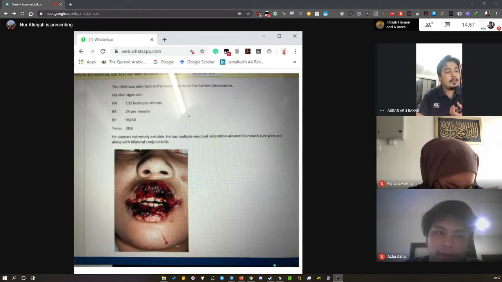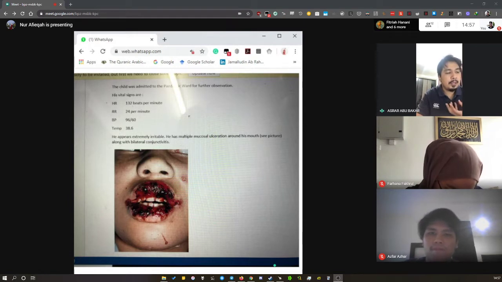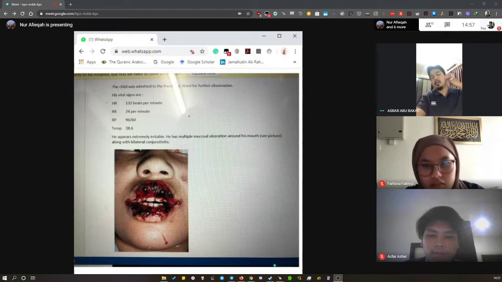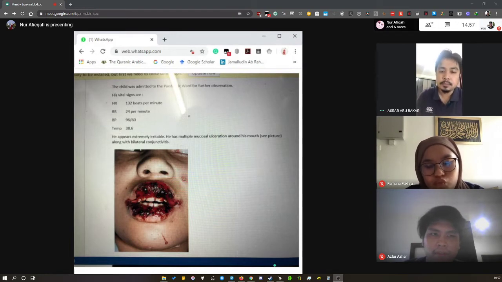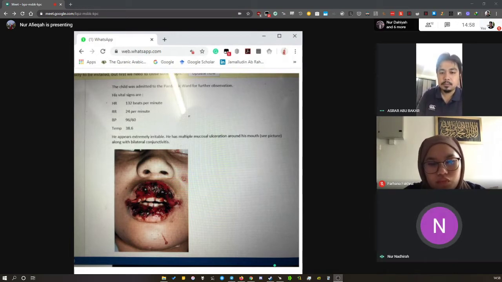Okay, so with that picture in mind, along with the first trigger, what would be your narrower differential at this stage? I'm thinking of Kawasaki disease, since the patient has fever at least.